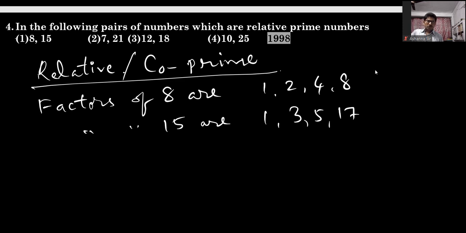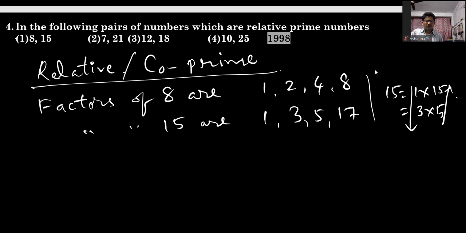If you don't know, children, you have to know these factors up to 20 orally. For bigger numbers, we have to write like this, up to down, down to up.